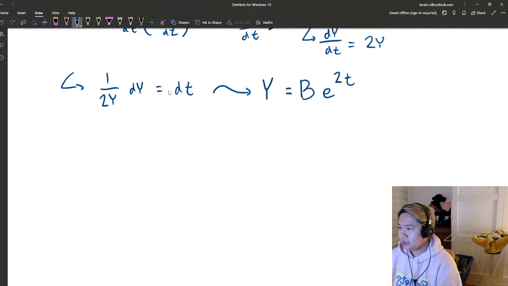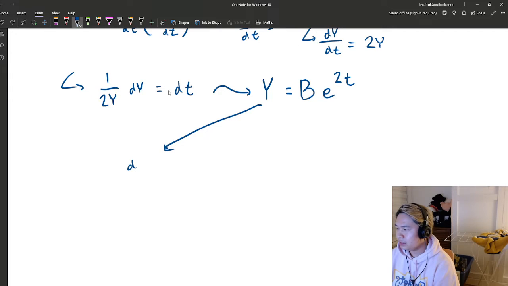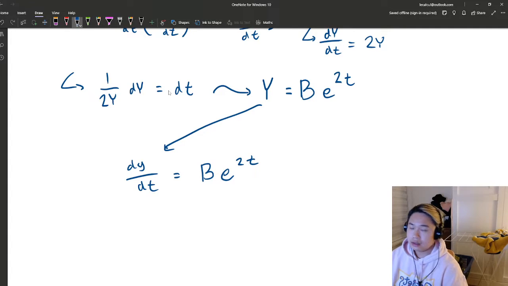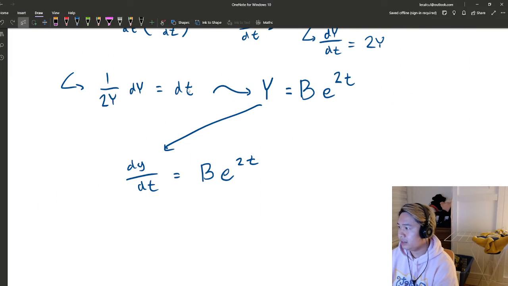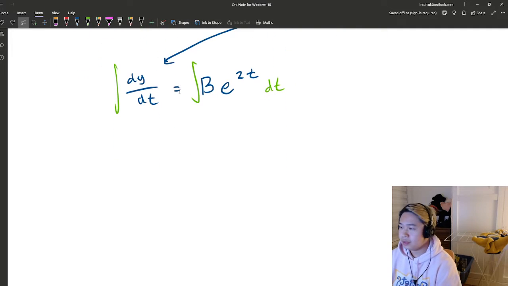So now I unsubstitute this, I think, because this is dy dt, and then this is equal to b e to the power 2t. And then again, if I want to find the function y, integrate with respect to t.